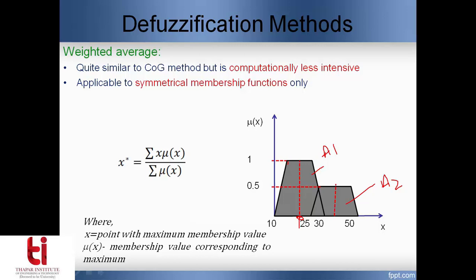Okay, I will take the membership value of that and multiply it by this. So what I get is, let's say I'm identifying it as 20. So between 10 and 30, this point should actually be 20. This is 25. So the centroid of this point is actually 20.